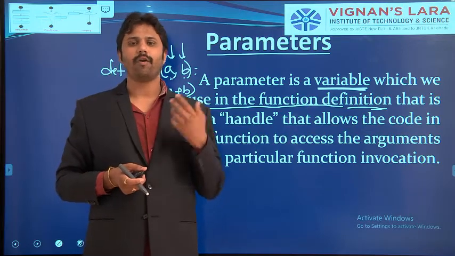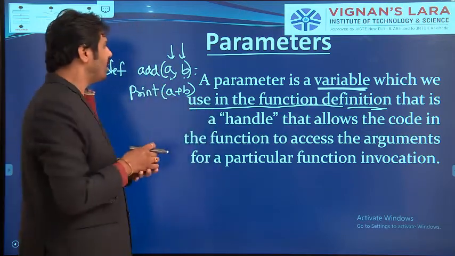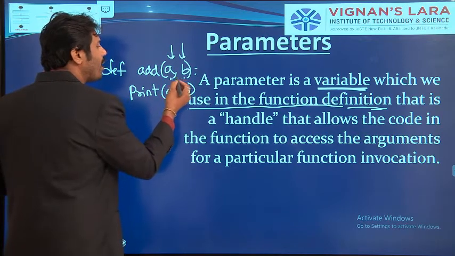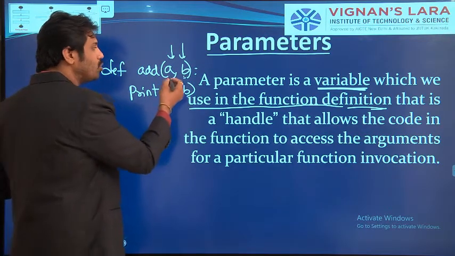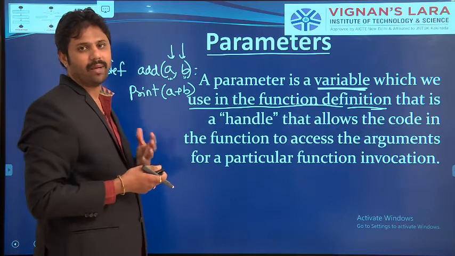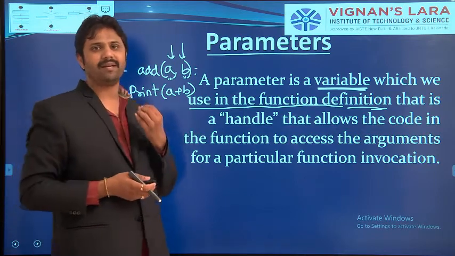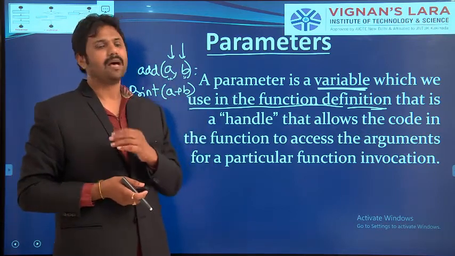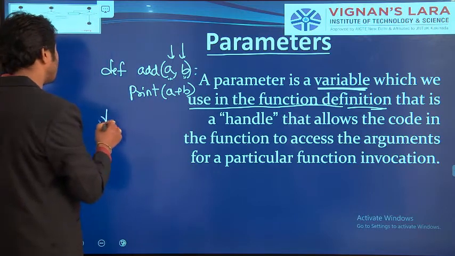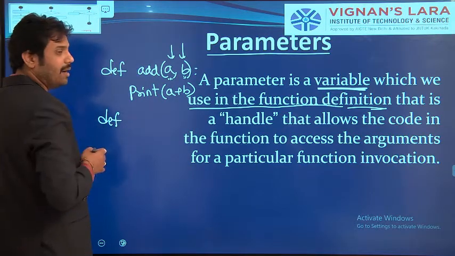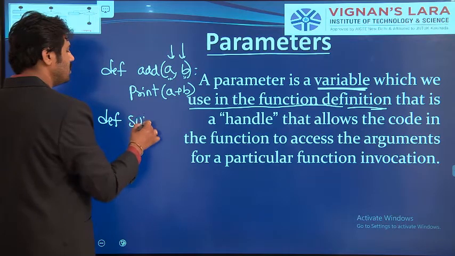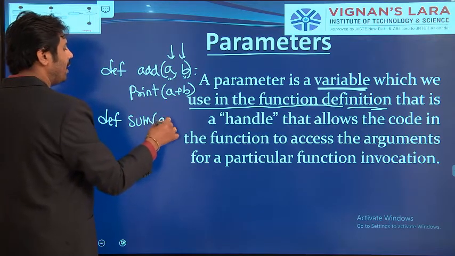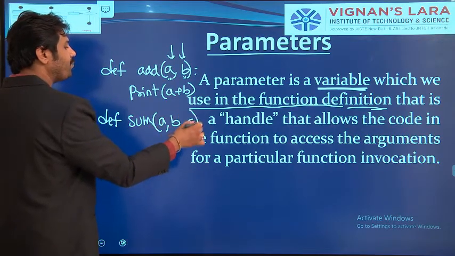It may be 3 or 4 or n number. That means how many parameters there are for that function. For example, I am taking one more function, def sum A comma B comma C.